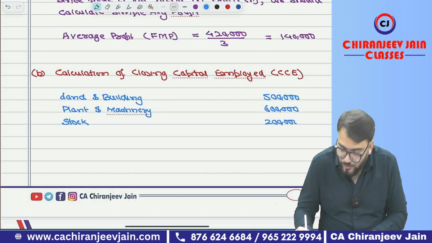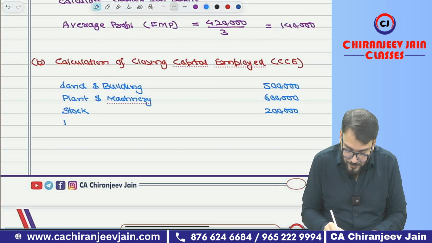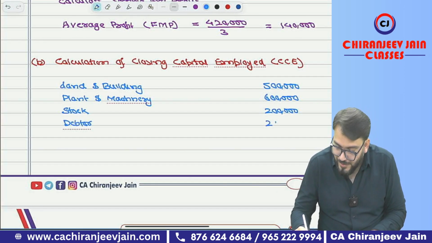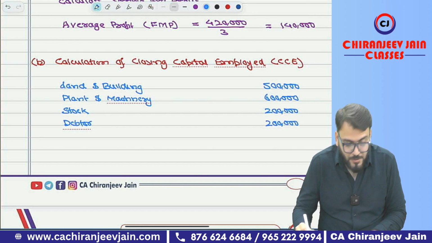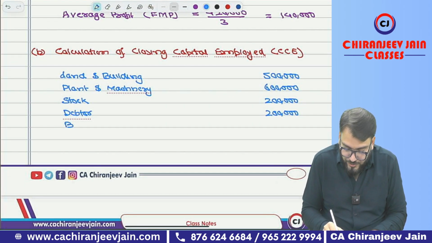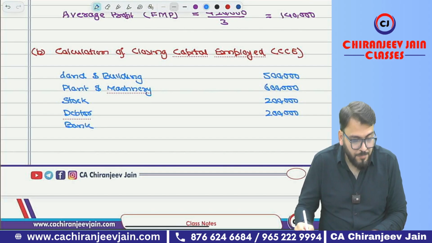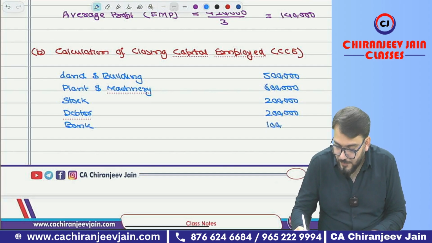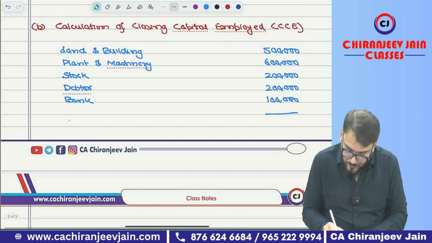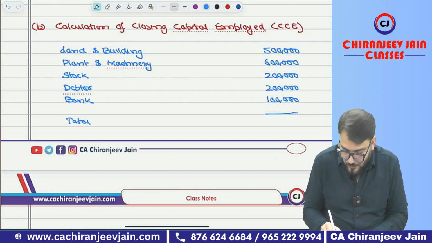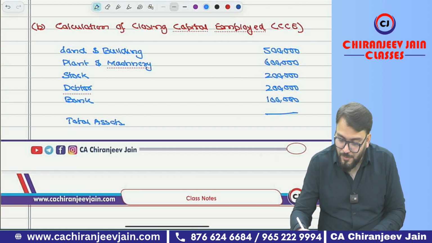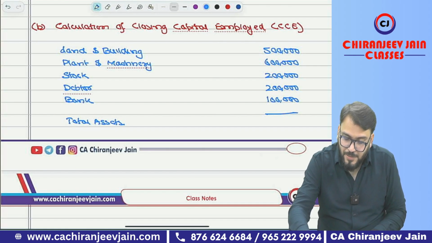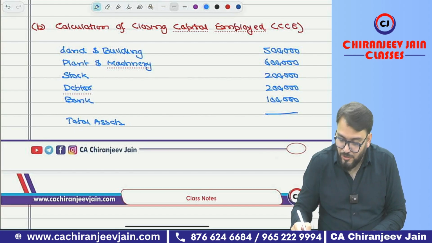This will be at book value, 2 lakh. Then we have debtors. Debtors is 2 lakh. Then we have bank balance. Bank balance is 1 lakh. So this becomes total assets. Total assets at fair value is how much? It is 5 plus 6 plus 5, equal to 16 lakh.